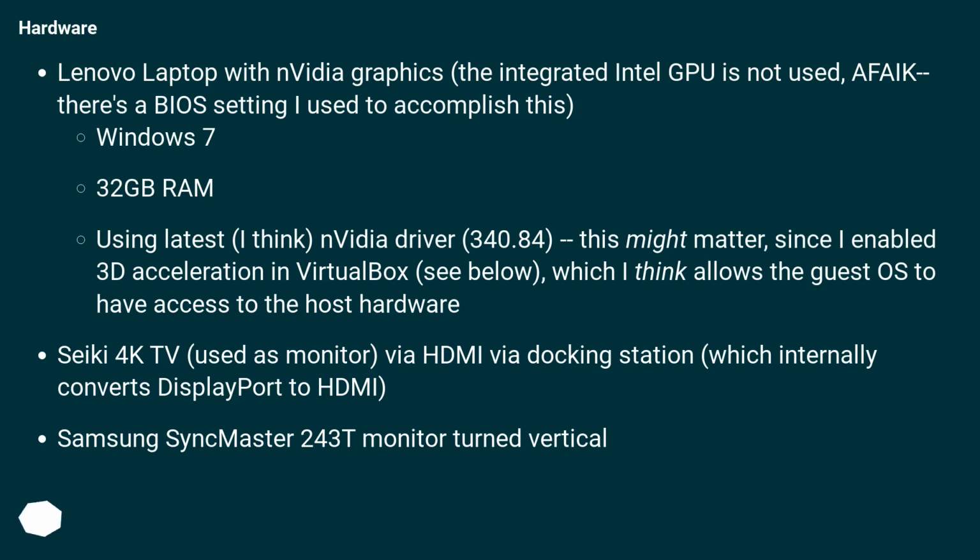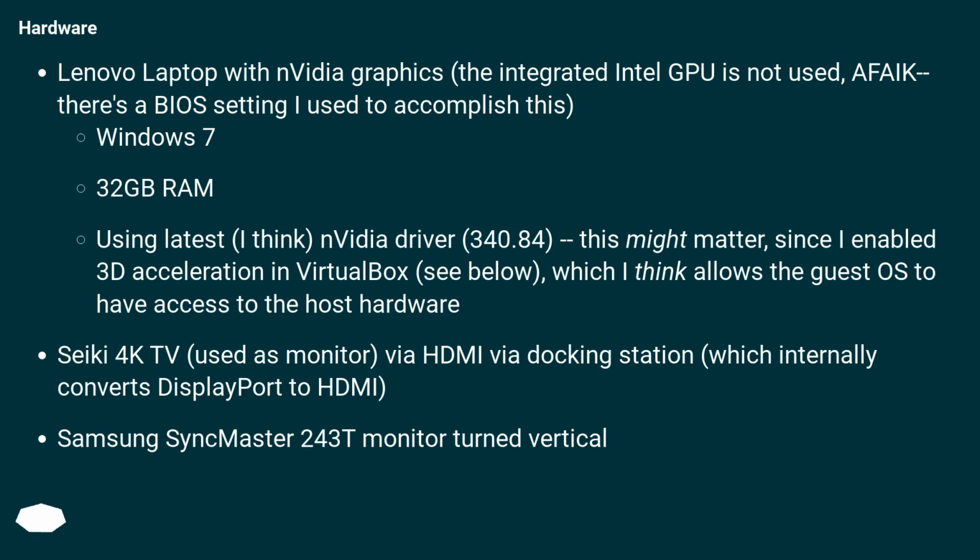Hardware. Lenovo laptop with NVIDIA graphics. The integrated Intel CPU is not used. As far as I know, there's a BIOS setting I use to accomplish this. Windows 7. 32 GB RAM. Using the latest, I think, NVIDIA driver, 340.84.